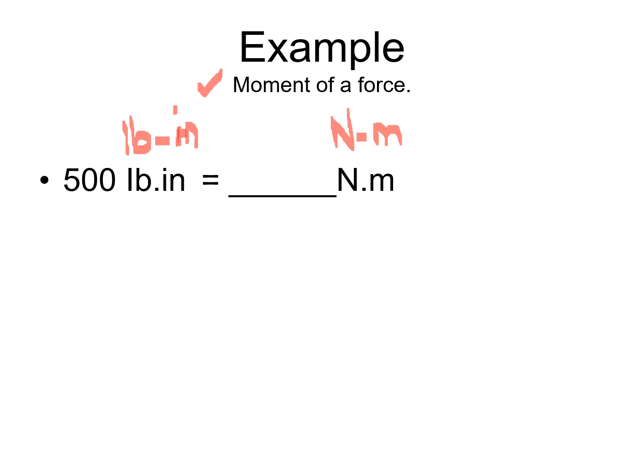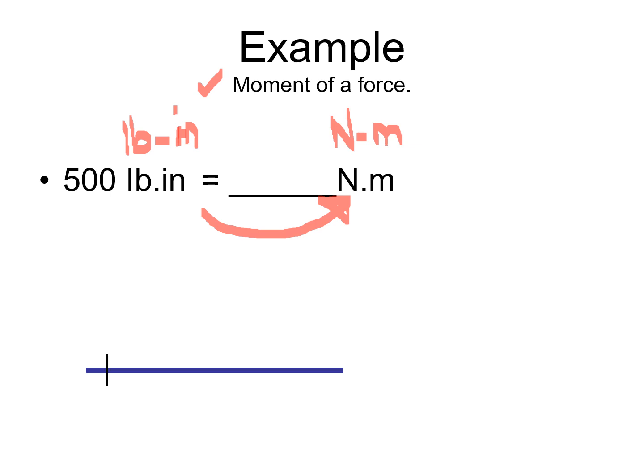Again, you must understand what the meaning of 500 pound inch is. Then you can convert it. So I suggest you understand and have the feeling of what 500 pound inch means. You must understand that. So I would like to illustrate what I mean by 500 pound inch.